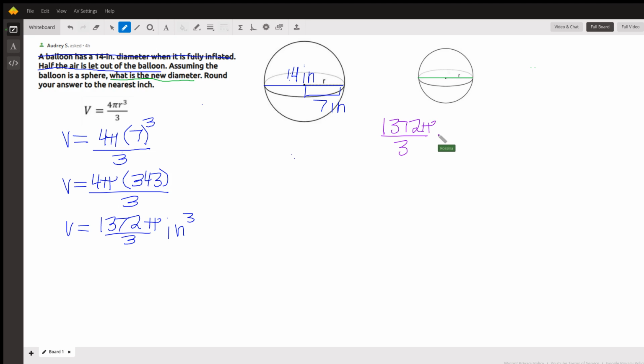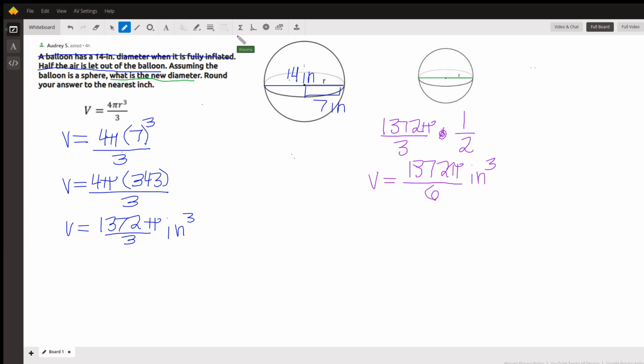Dividing by 2 is the same thing as multiplying by 1/2, so we'll do that to avoid any messy decimals. What we get here is 1372 pi divided by 6 inches cubed. That is the volume of the smaller balloon, the same balloon, after half of the air has been let out. Again, we multiplied by half because half of the air is now gone.